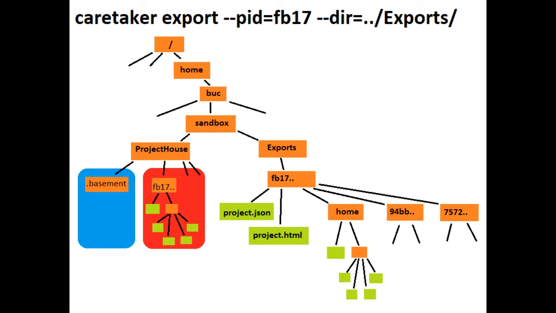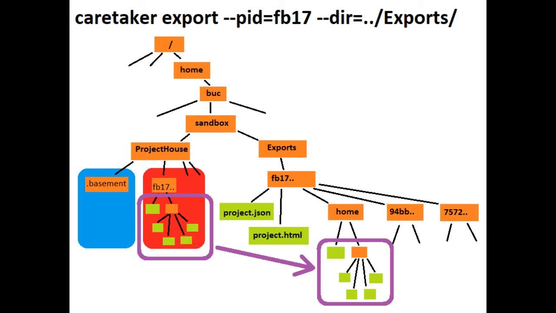The Caretaker export call with the specified PID will create a full file tree representation of the entire project under the Exports folder in a folder named after the same PID, FB17. As a project itself, there are 3 parts under this folder. The project description is given in 2 formats, as a JSON object in project.json and as an HTML page project.html, which again displays the entire project with all its parts.